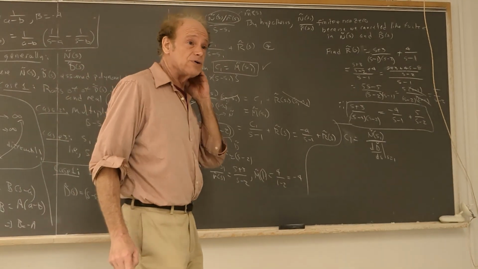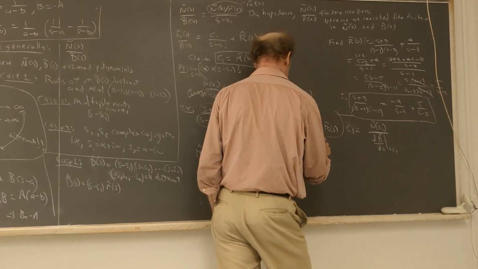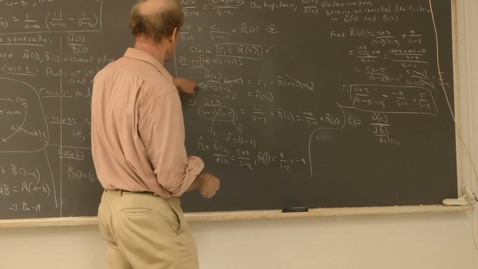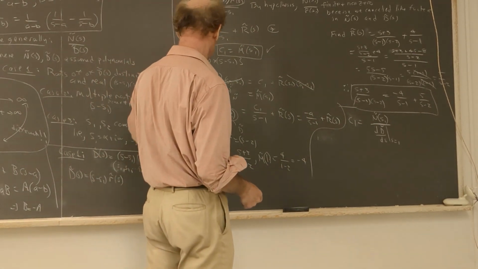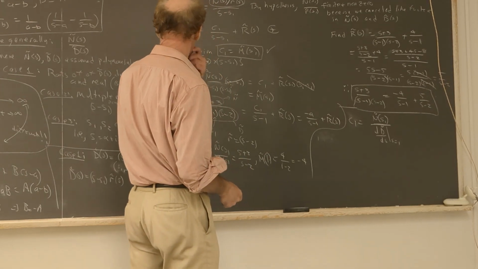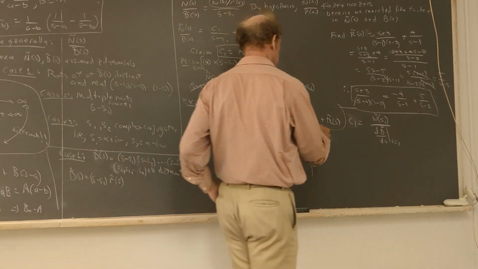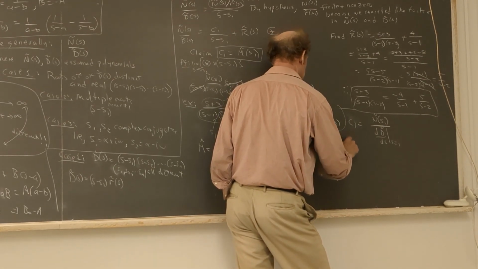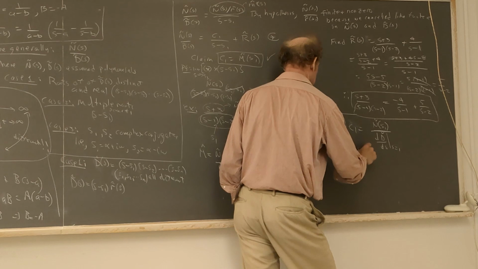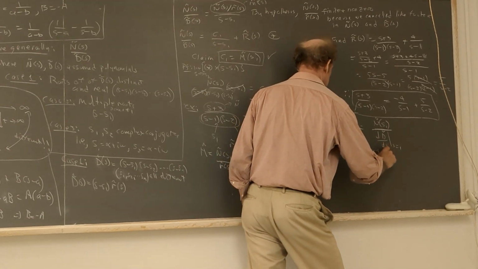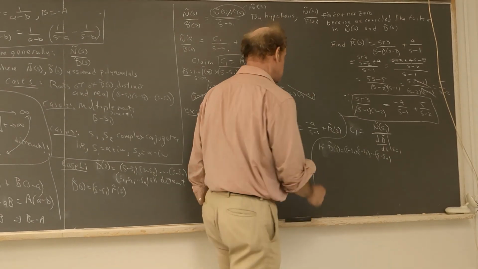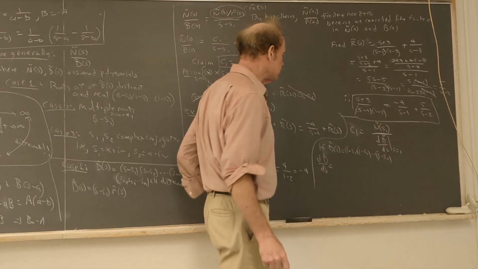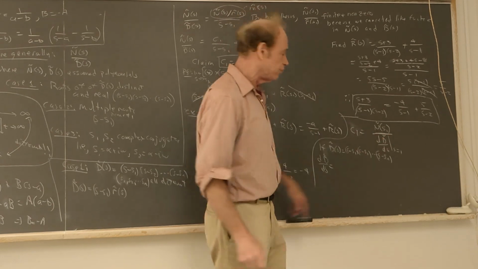Well, let's notice something. If d tilde, well, I already had it. So here's d tilde. Now I'll write it again. So if d tilde of s is s minus s1, s minus s2, dot dot dot s minus sn, d tilde ds is equal to, well, the derivative of the first factor times all the rest.